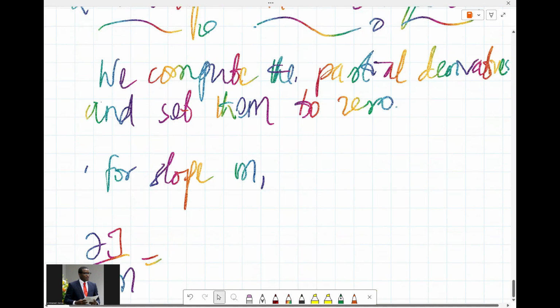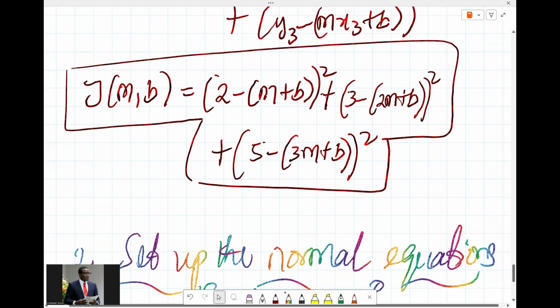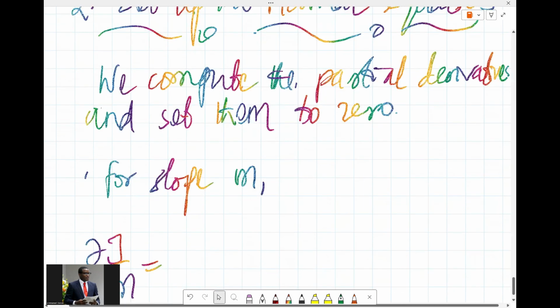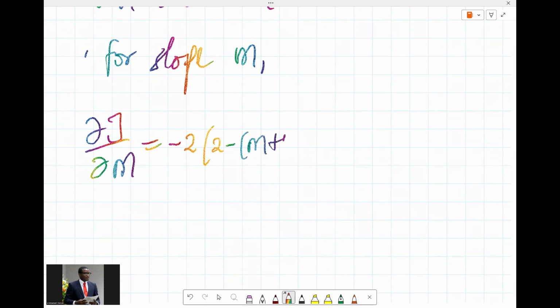So let's go carefully. For this part now, our focus is on m. We bring down the power 2, then differentiate m, and you just get 1. The minus attached to it stays, so we have minus 2 into 2 minus (m plus b), and then the power is reduced to 1.